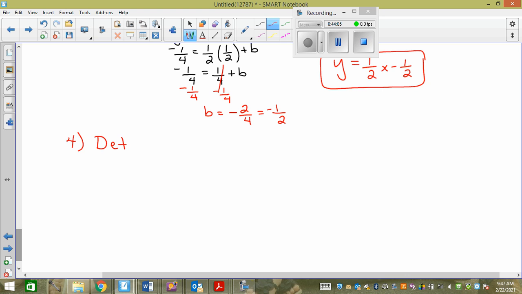Determine y prime of e to the y cos x equals x plus 1.